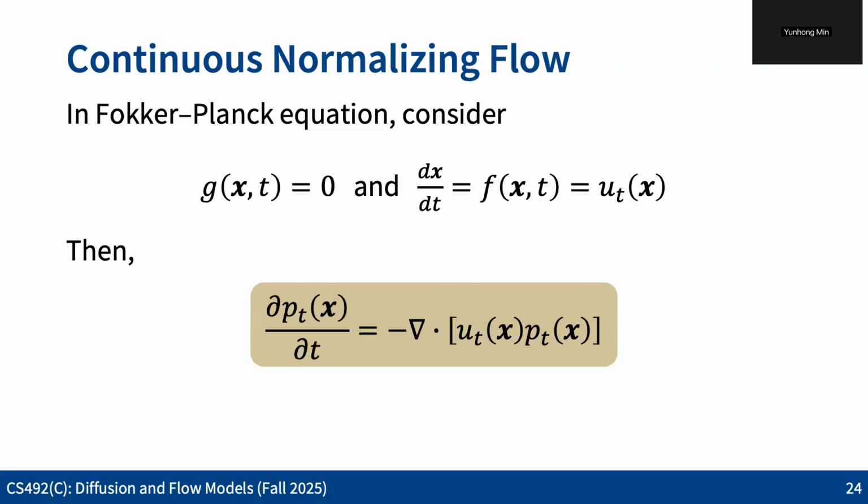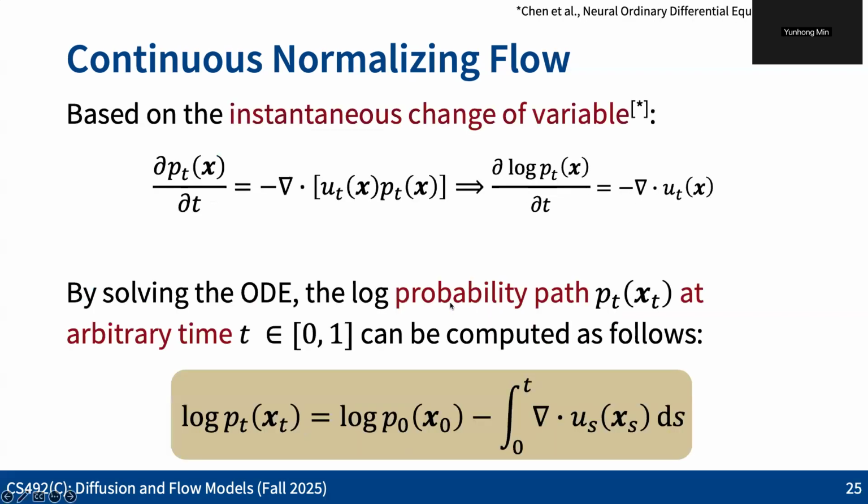So based on that, what we can do is that with some derivation here, once we have any kind of vector field, for any of the data points over the trajectory, we can compute the log probability.